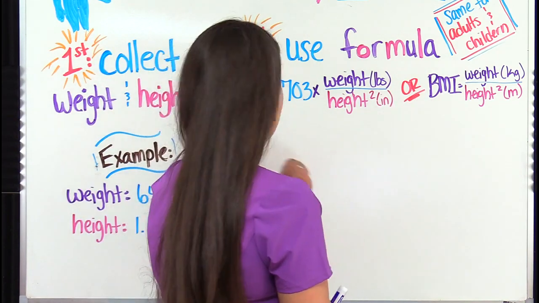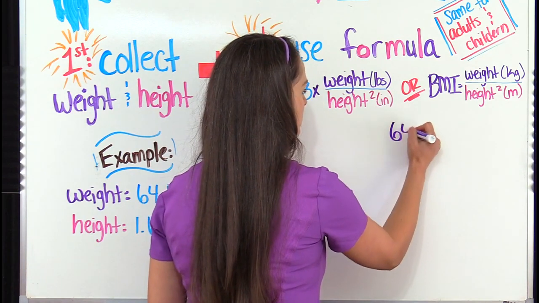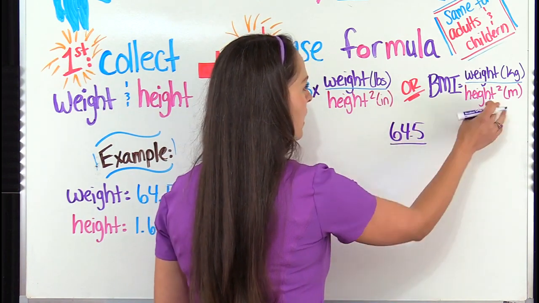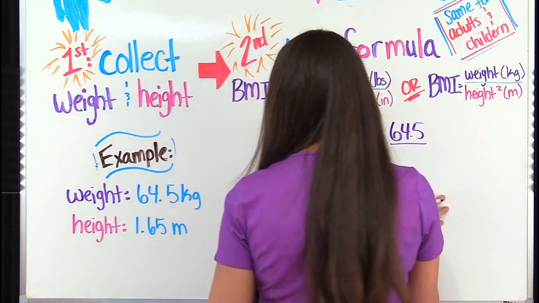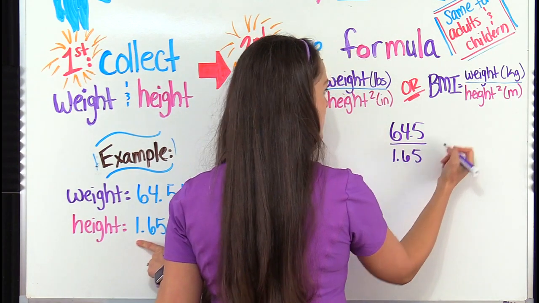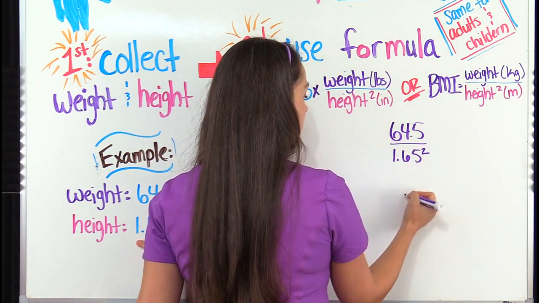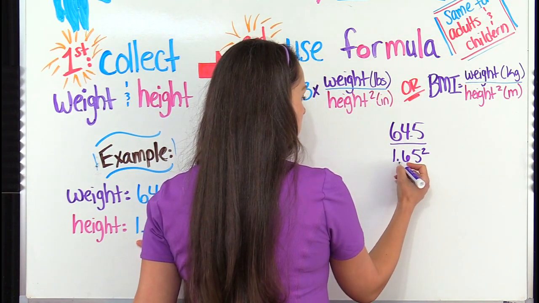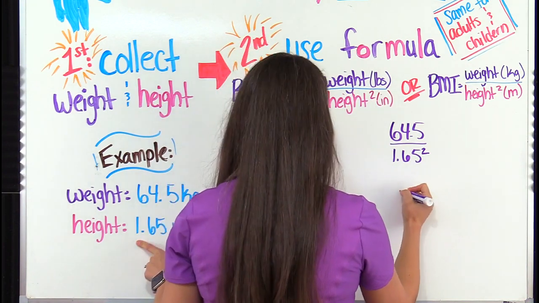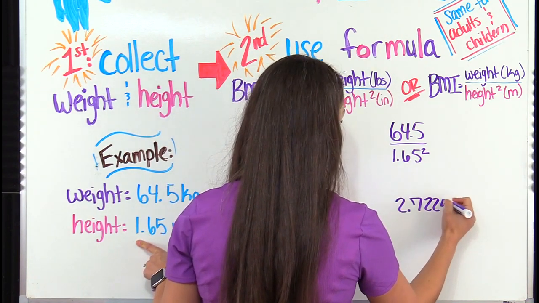So our patient's weight in kilograms is 64.5. Our height is in meters, and they had a height of 1.65 meters. And remember, don't forget to square. So let's go ahead and square that out. So 1.65 squared gives us 2.7225.